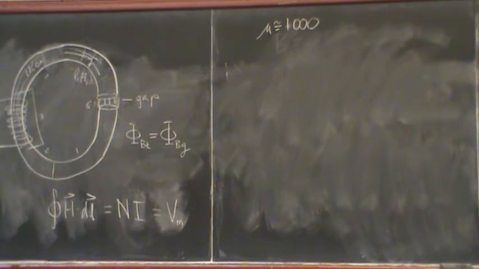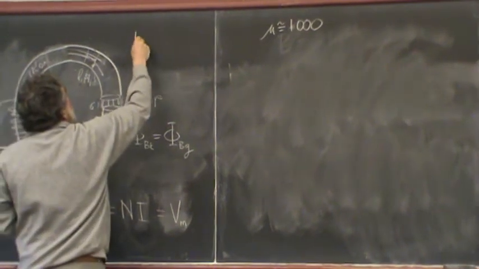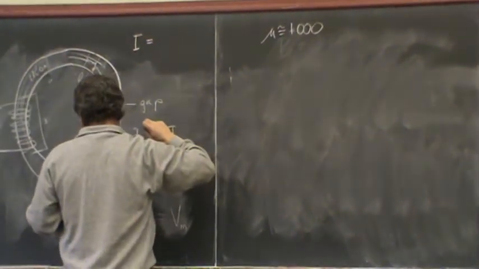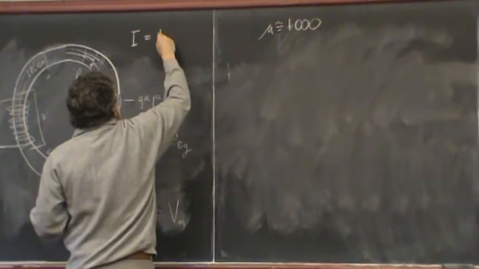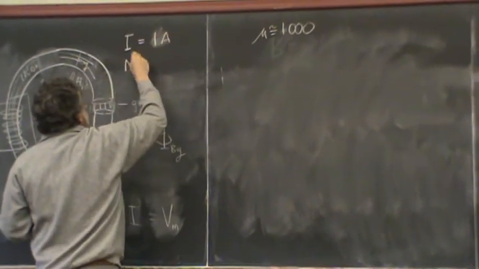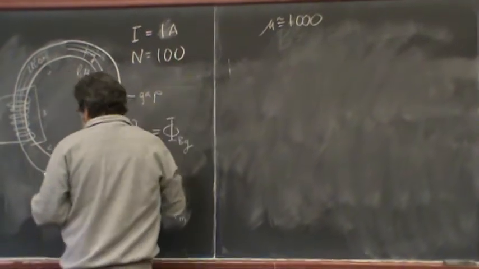I'm going to say that the current is, let's do it this way, 1 amp. The number of turns is 100.